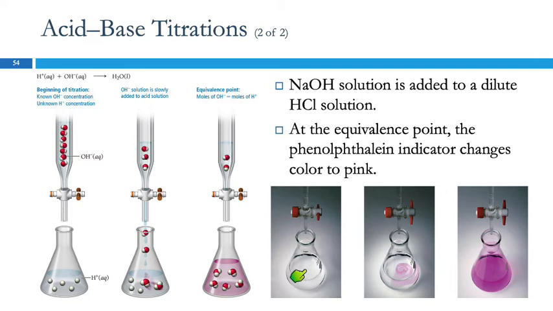It's going to change color from colorless to pink. Now, we'll learn that that pink is a little too intense, but it's good for illustration purposes. As it gets closer, you'll start to see a little bit of color where the drop of sodium hydroxide comes in, because it hasn't mixed yet. In this local region there's more hydroxide, and so it turns pink. But then when you mix it by swirling it, it goes away.